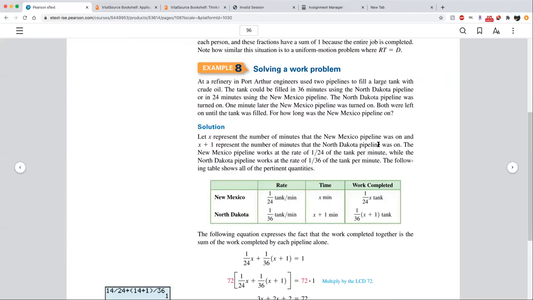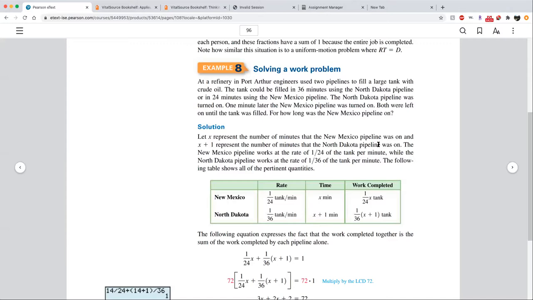Actually, I solved these problems before, but let me take a look at this again. So the North Dakota pipeline was turned on, and then 1 minute later, the New Mexico pipeline was turned on. Both were left on until the tank was filled. So for how long was the New Mexico pipeline on?